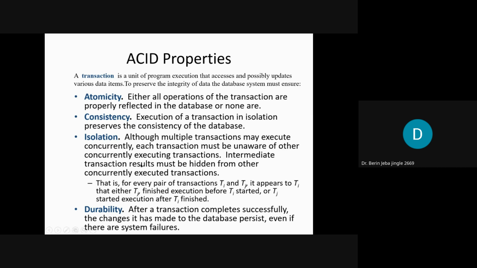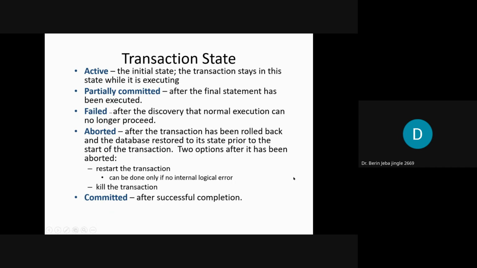Transactions must execute one after another. Once a complete update is done in the database, the next transaction must happen. This is isolation. What is durability? After a transaction completes successfully, the changes it has made to the database must persist even after a system or software failure happens. Next we can study the transaction states.